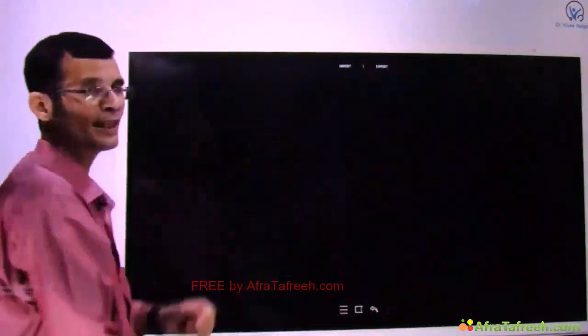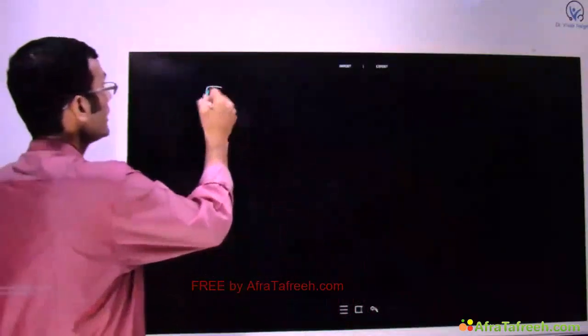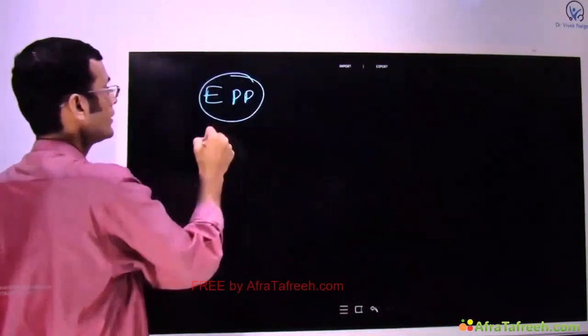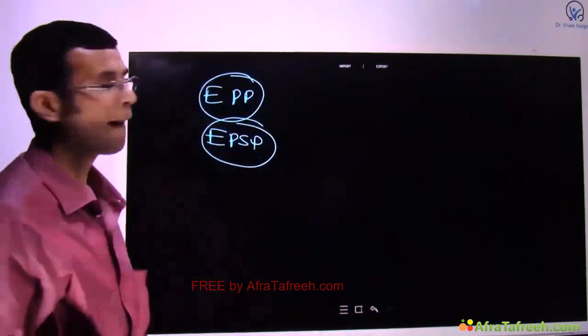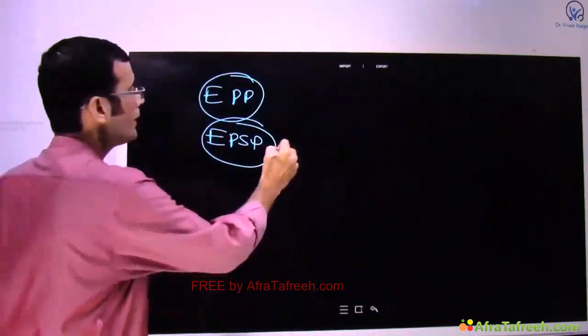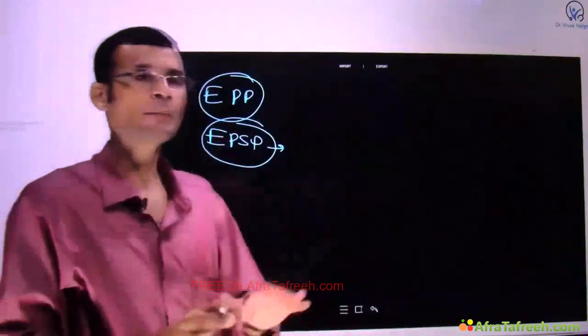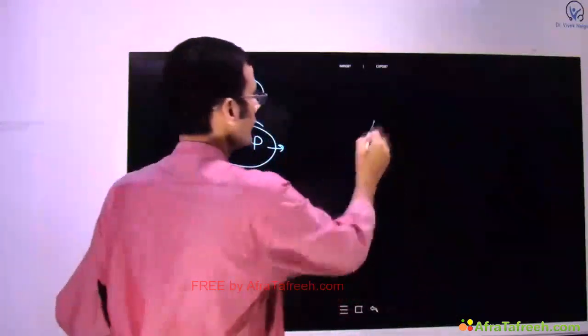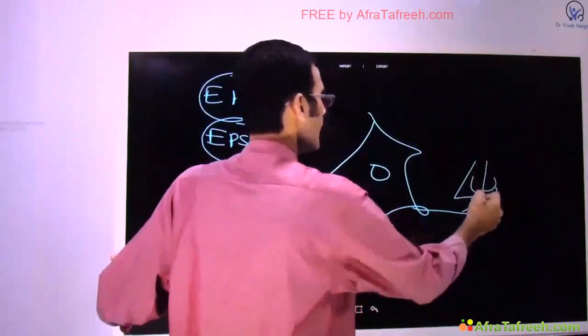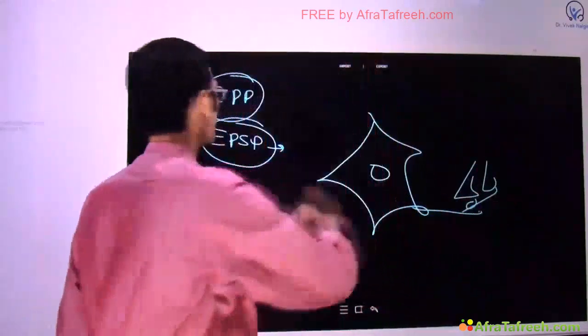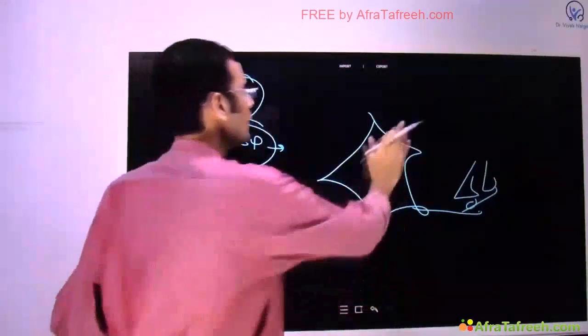But in the CNS synapses, that's not how things happen, because EPP also is a localized depolarizing change and EPSP also is a localized depolarizing change. But the difference is EPSP is of small amplitude and multiple EPSPs have to summate. So multiple EPSPs will have to summate to cause one action potential finally in the postsynaptic neuron.